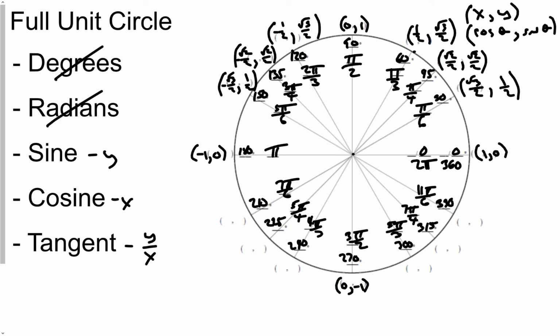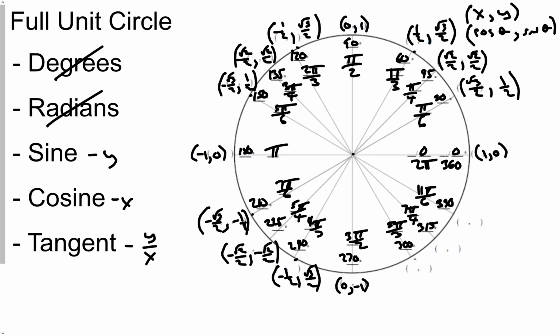Down here, they are both negative. This coordinate and this coordinate are the same thing. So it's negative radical 3 over 2 and negative 1/2. Both of them are negative here and here. Reflect it down, it's the same thing, except they're both negative.